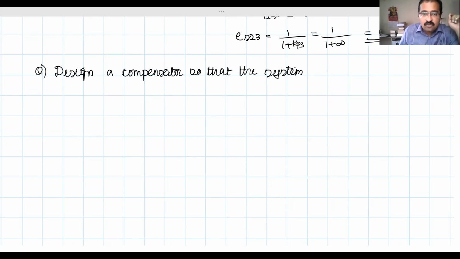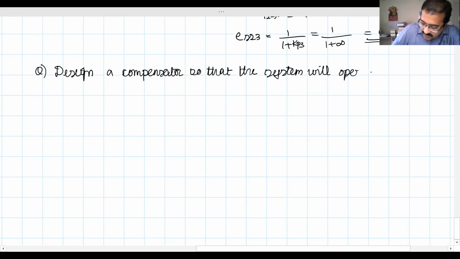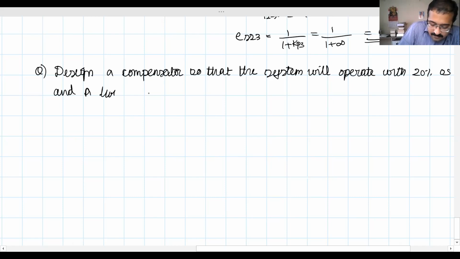So design a compensator so that the compensated closed loop system will operate with 20% overshoot and a twofold reduction in settling time.